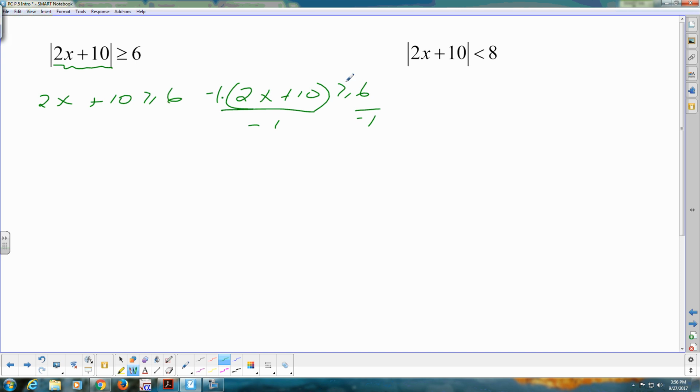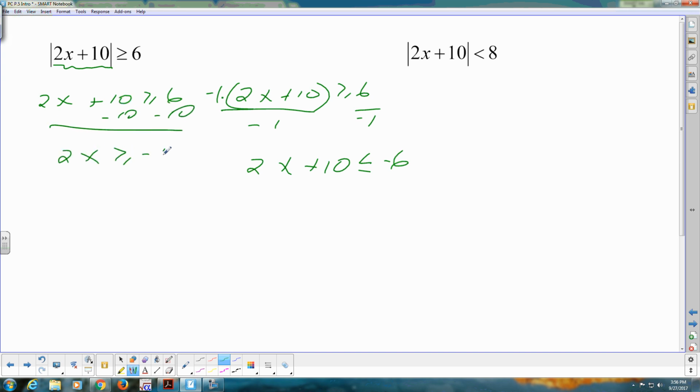When you do that, the inequality has to turn around. So you have 2x plus 10 is less than or equal to, you change the direction, you change the sense of the inequality, and make what's on the other side negative. And now you solve both of these. Subtract the 10.